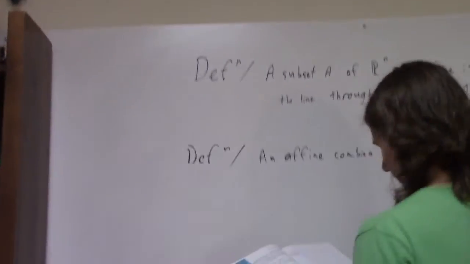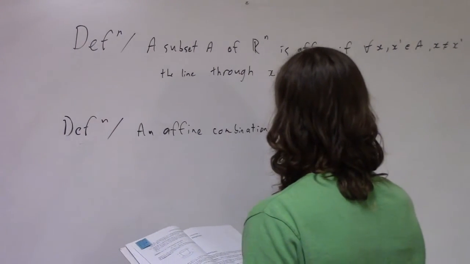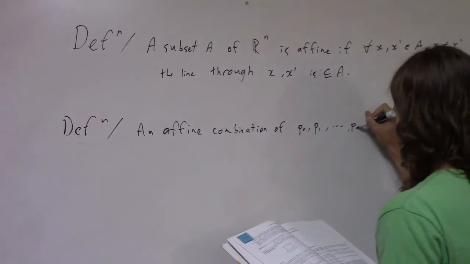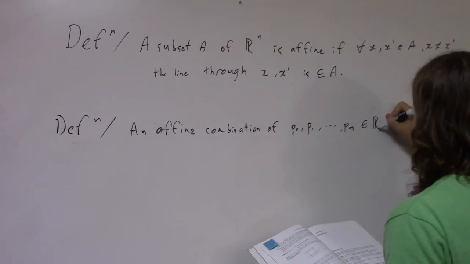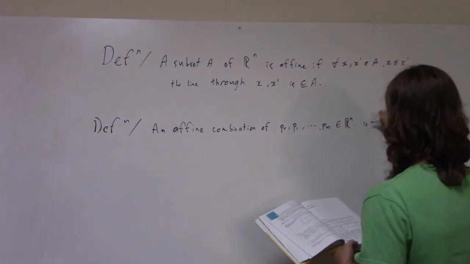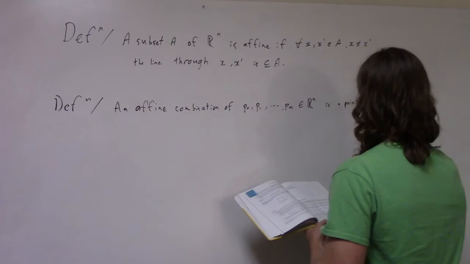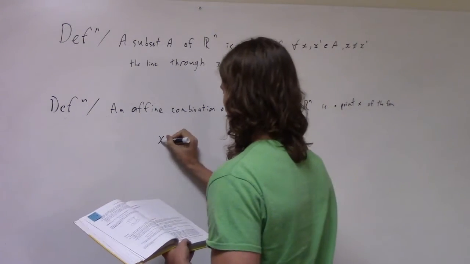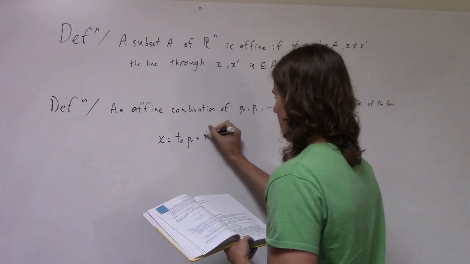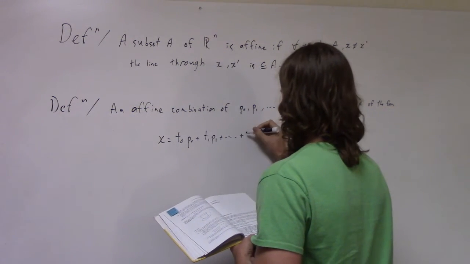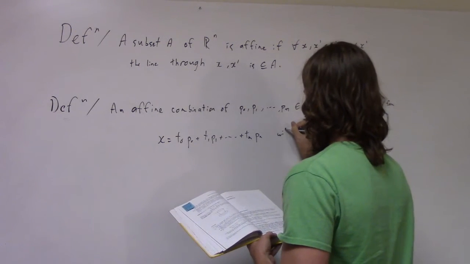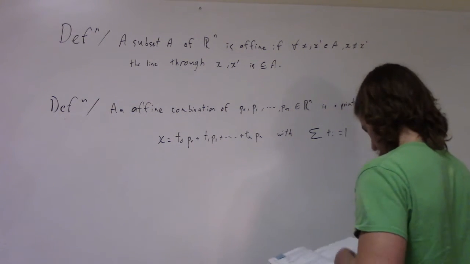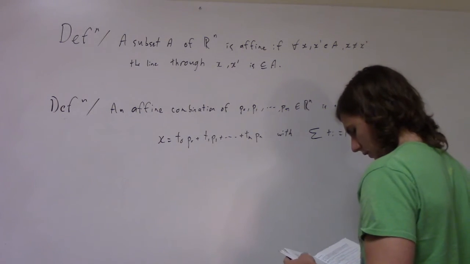An affine combination of a set of n plus 1 points in Rn is going to be a point x of the form x equals t0 p0 plus t1 p1 plus through tm pm, with the sum of these ti's being equal to 1.